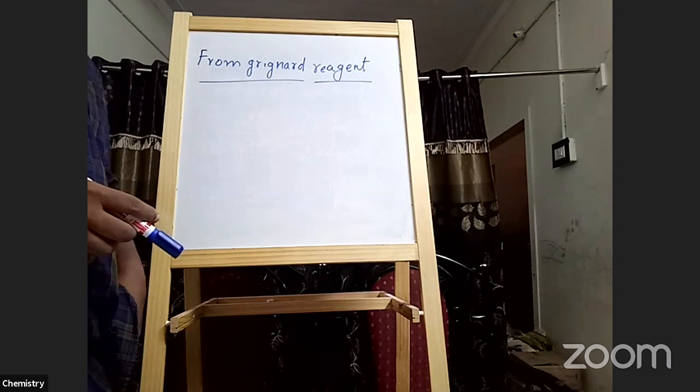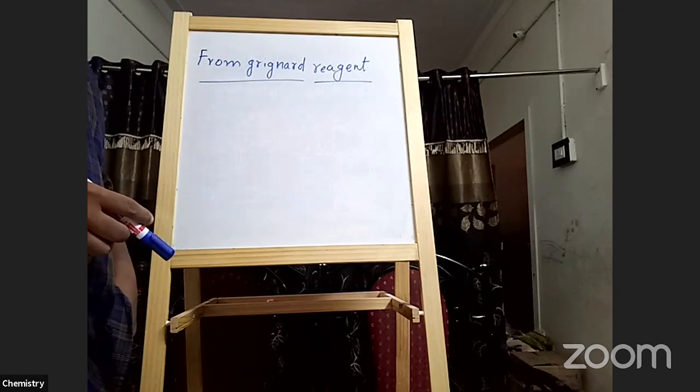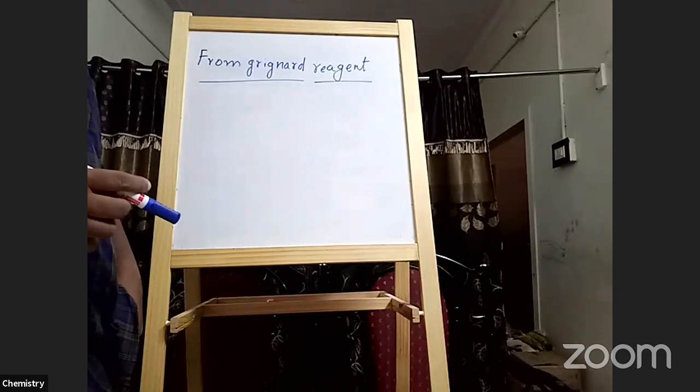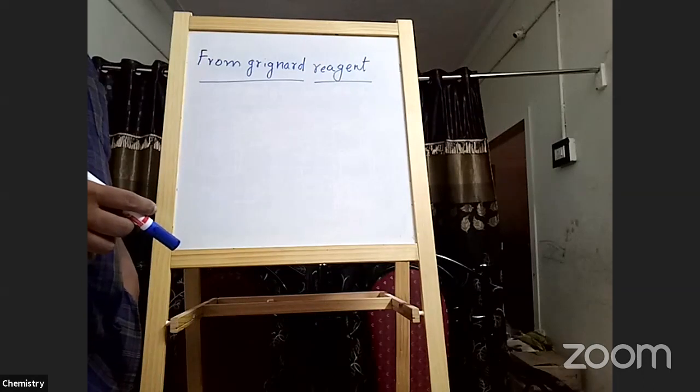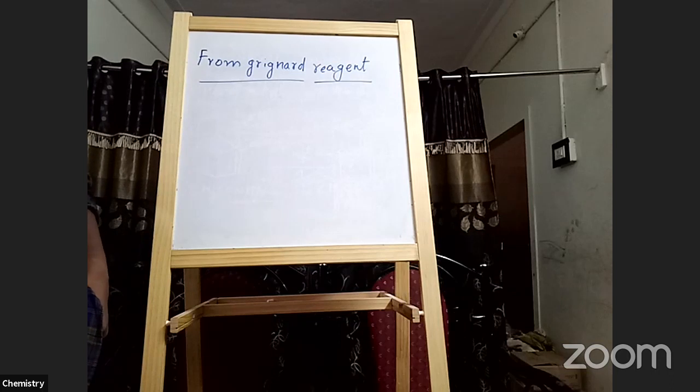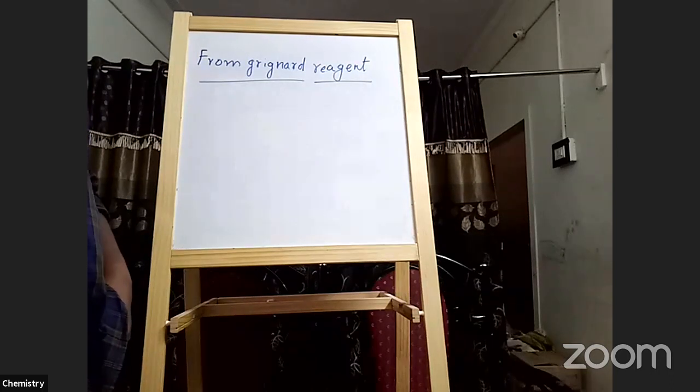We got this one in alcohols, RMgX. When halogens react with metals, we get the Grignard reagent. We have already discussed that in alcohols. Now, the Grignard reagent with carbon dioxide.